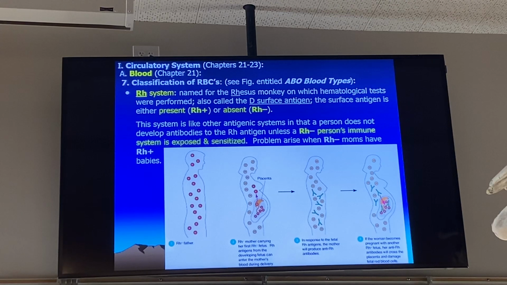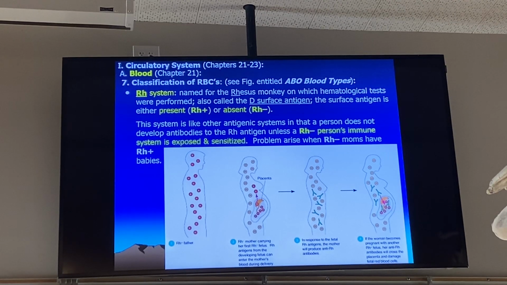I'm not seeing any no's, so I'm thinking everybody got it. Oh, wait a minute. Does everybody get it? I'm not really getting it. Okay. Think the flu shot. Rh is like the flu shot. You don't have antibodies for this flu until you get it. Right? You're not born with it, you don't have it. Got it. That's the Rh system.